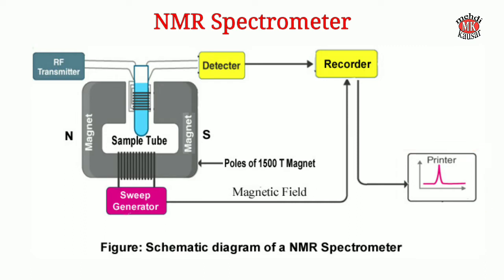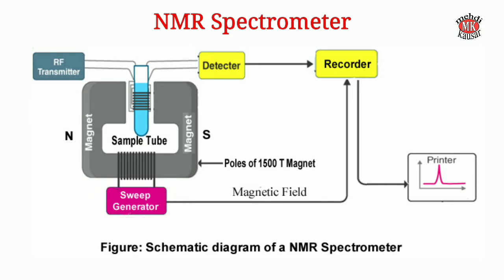Let us discuss how an NMR spectrum of a sample is taken. First of all, a sample is placed between the poles of the electromagnet whose field strength is varied by means of current produced in a sweep generator.